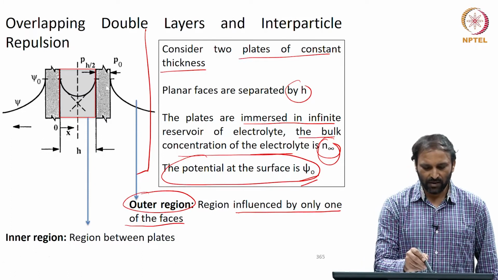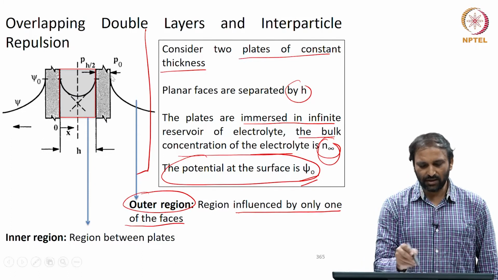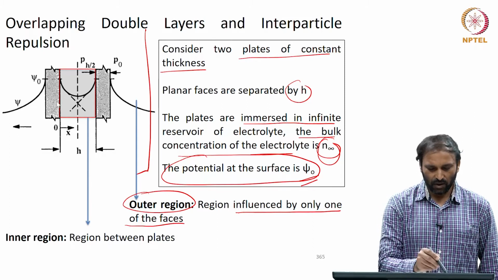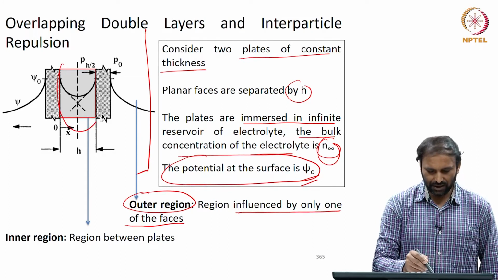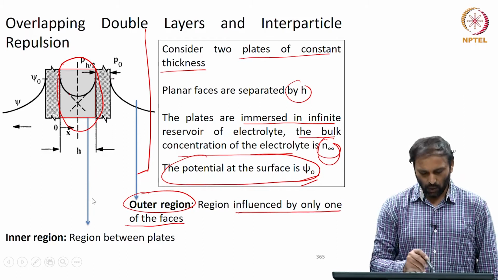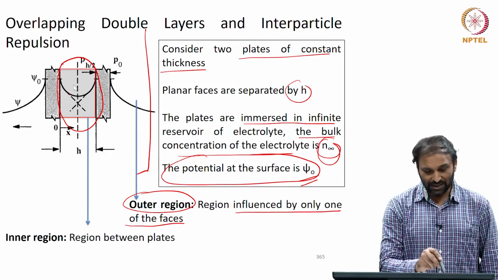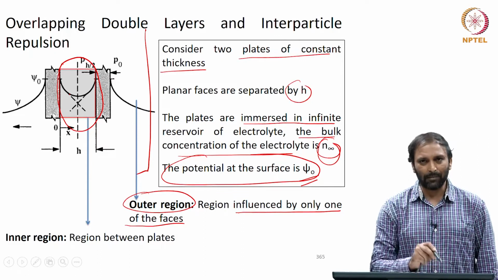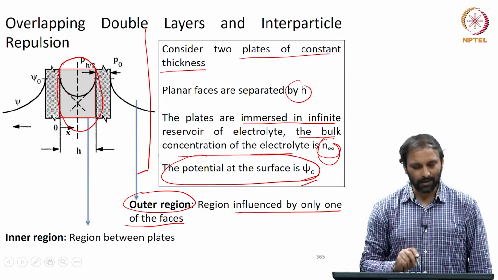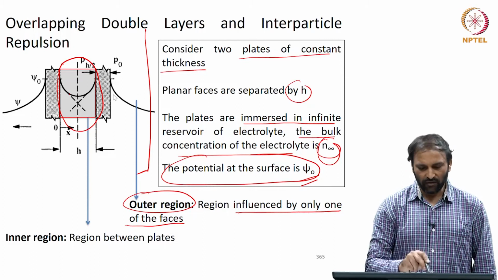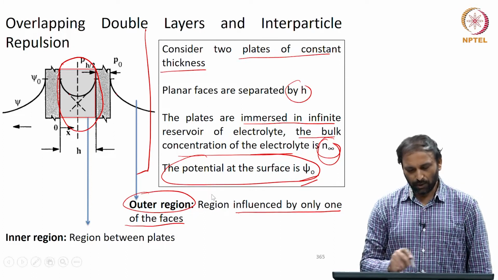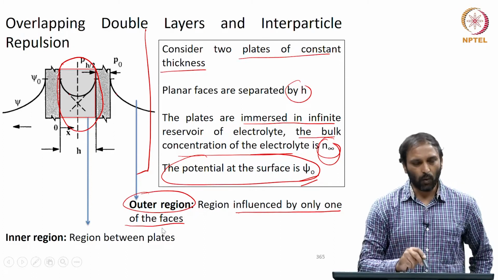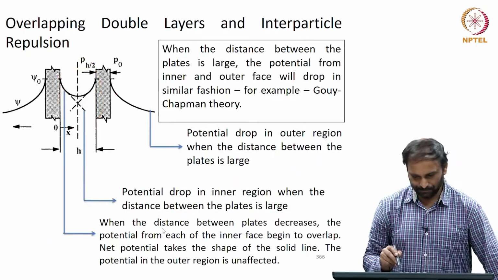That is the region outside the two plates. And the inner region is the region between the plates, where the potential in this gap is influenced by both the surfaces. However, in the outer region the potential is influenced by only one of the faces.